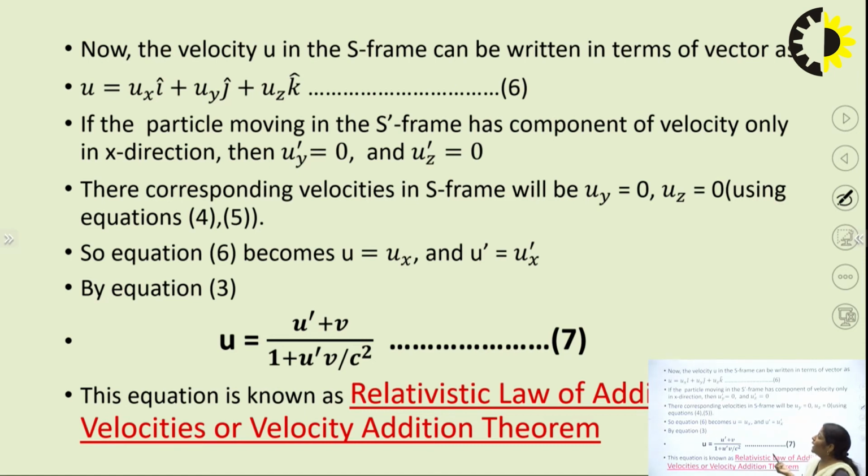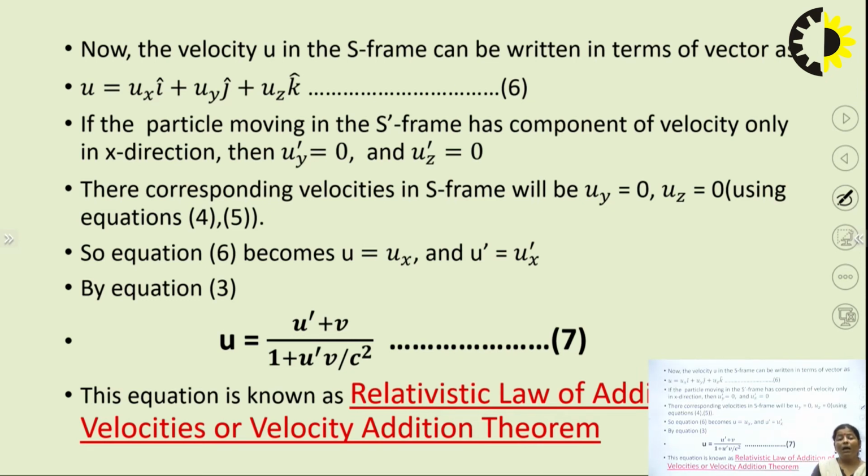So u can be written as ux i for the x component, plus uy j for the y component, plus uz k for the z component. This vector form everybody is familiar with. So if we combine ux, uy and uz, we can form a vector and write these in the vector form. And then we can analyze different situations.